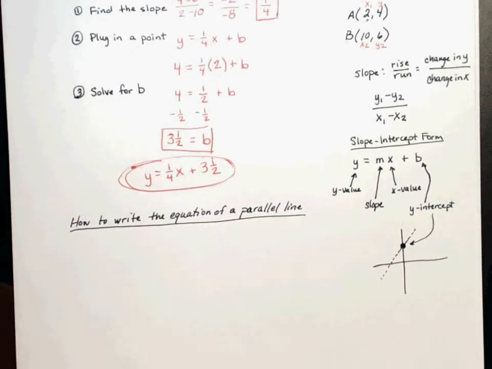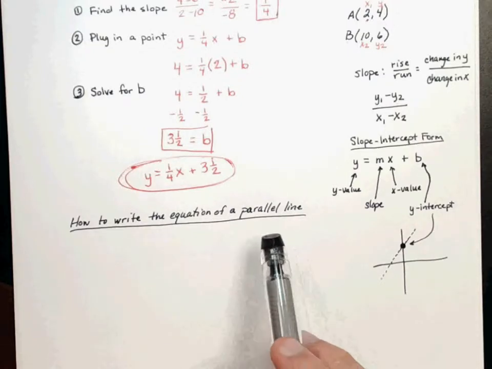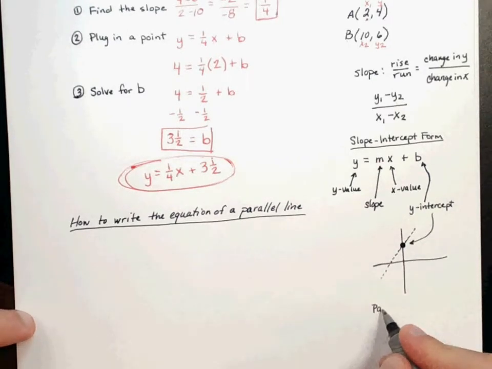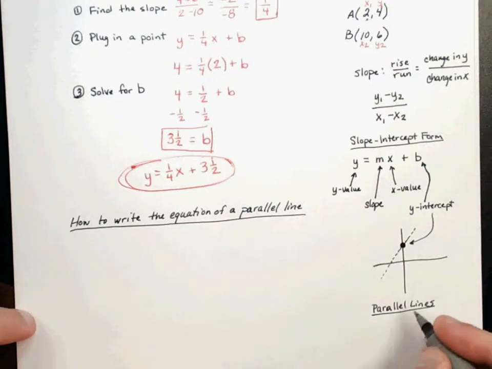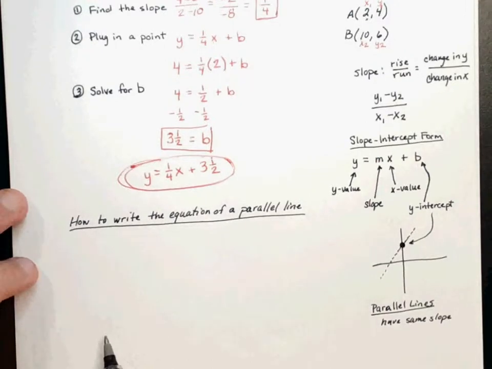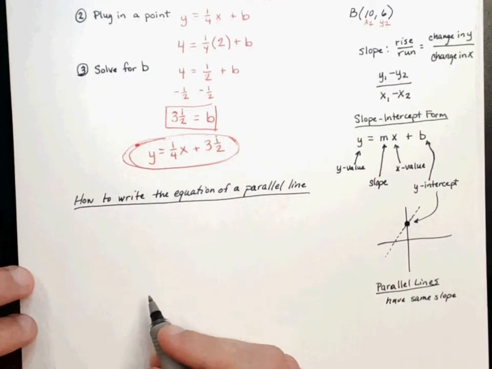Right. Last section we talked all about parallel lines and perpendicular lines. Okay? And we said that parallel lines have the same slope. Okay? So let's say this would be an example of a question we would have here.